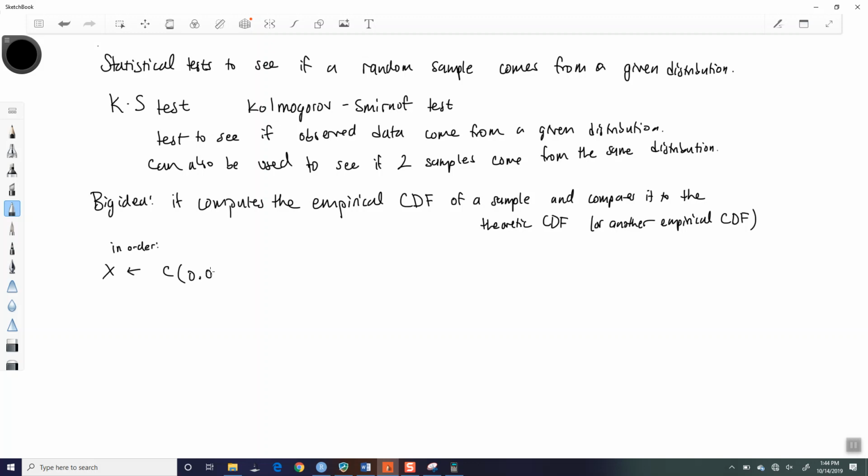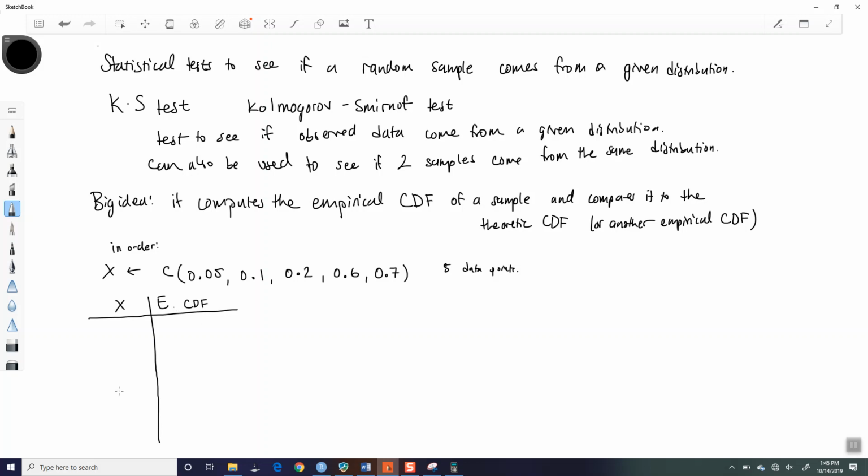We're going to have 0.05, 0.1, 0.2, 0.6, 0.7. Okay, so I got five data points. Okay, so what is my empirical CDF? I'm going to just write this eCDF.